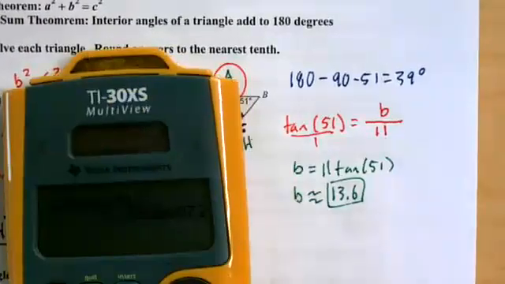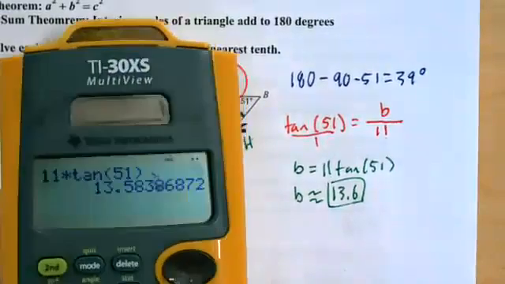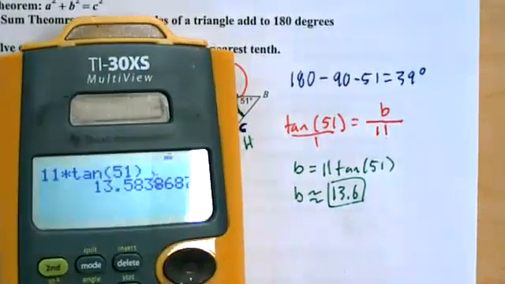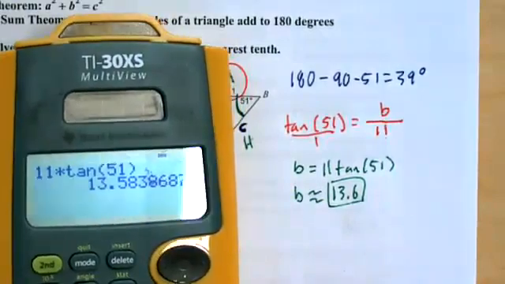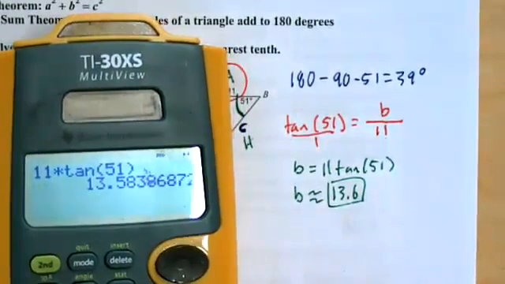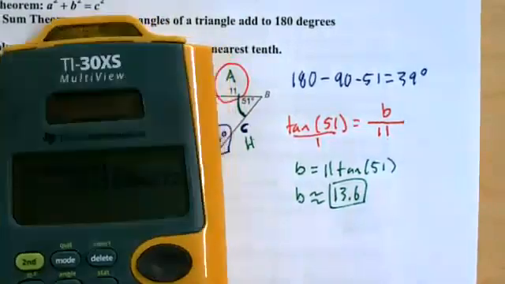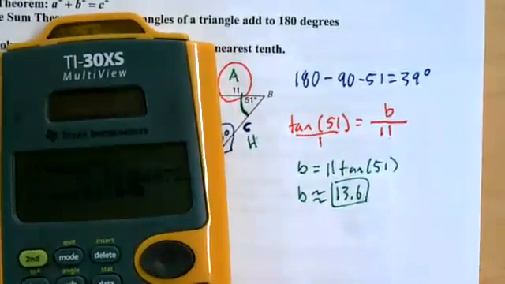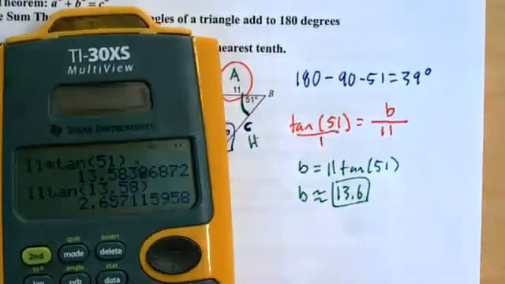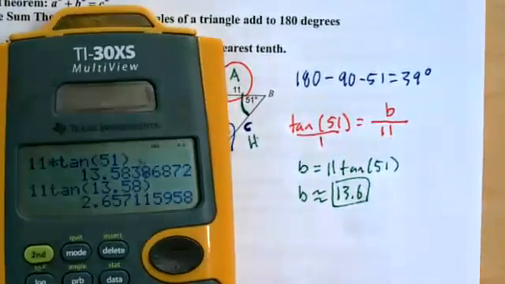I typed in 11, tan 51, and I got 13.58. You can leave the multiply out. You might be in a different mode than me. Oops. What am I doing here?